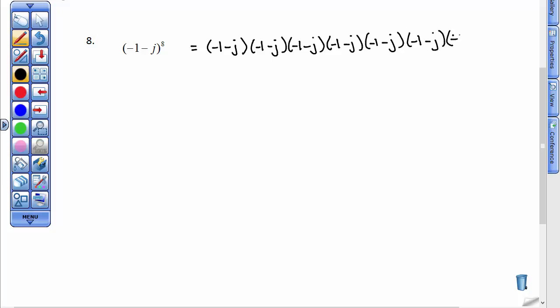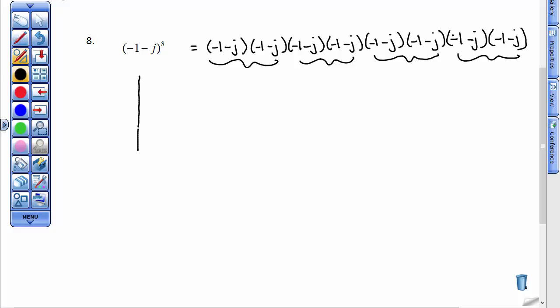I hope you're laughing, because I don't even know if I've written this 8 times yet. 1, 2, 3, 4, 5, 6, 7, 8. It is just so much easier, when a complex number is in rectangular form and I want to raise it to a power, to think about it in polar form.